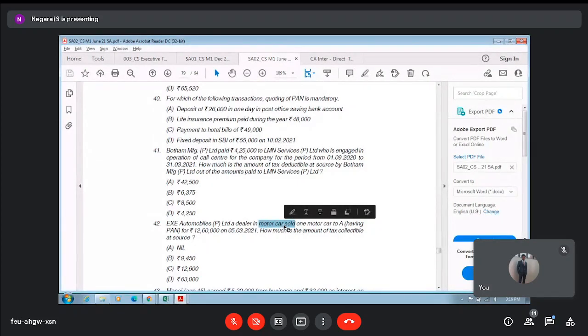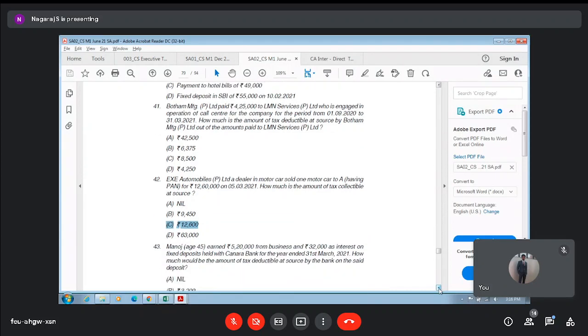What is the threshold limit for collecting TCS? 10 lakhs. What is the amount you should collect? 1% on stamp duty value. How much is the value? 12,60,000. On this, 1% is how much? 12,600. See, all are easy. Only thing you need to remember. Yes or no? Yes, sir.